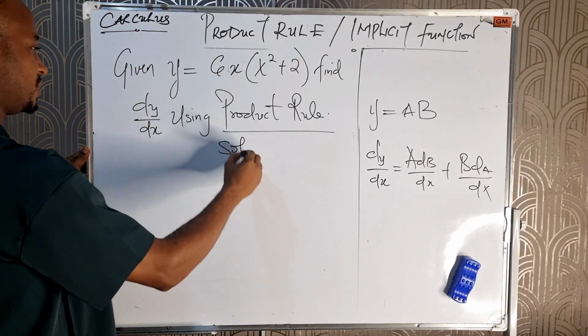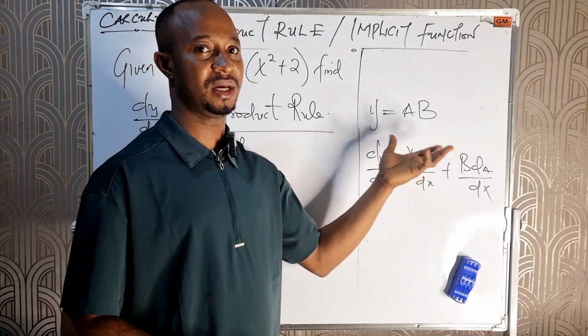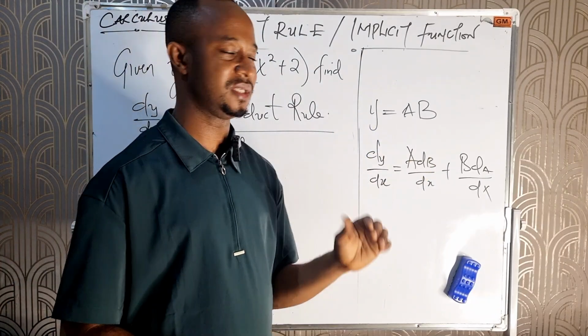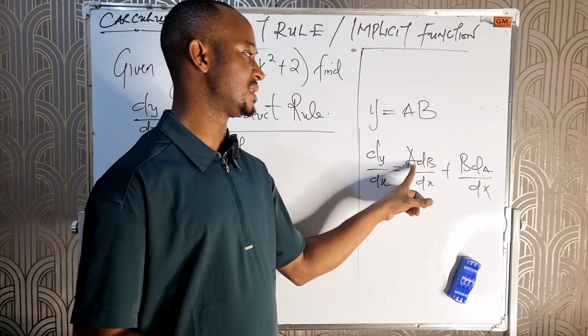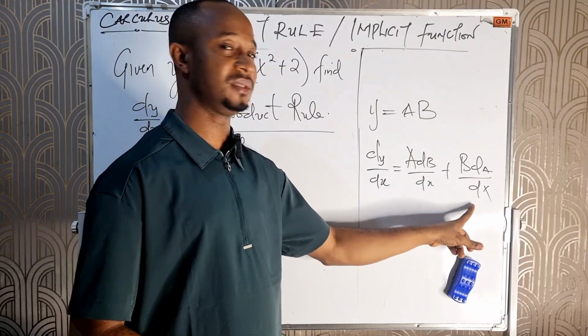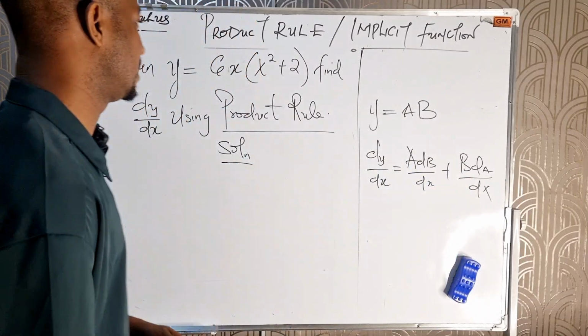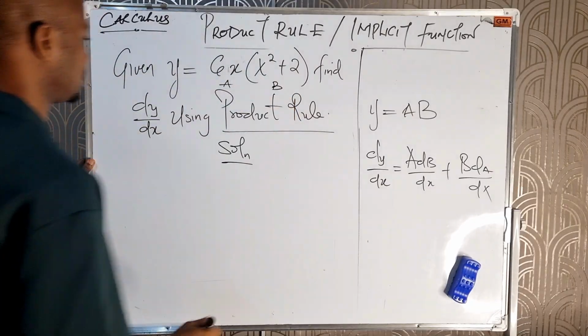So solution, remember our rule that says that if y equals the product of a and b, to find the derivative of the function, we use dy/dx equals, we keep a constant, a db/dx plus keep b constant, b da/dx. All right, so let's do the same thing here. In this case, this is my a, this is my b, right? So let's go.